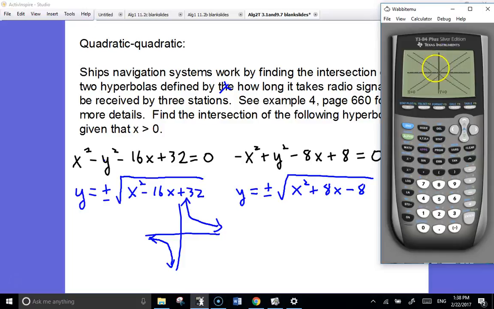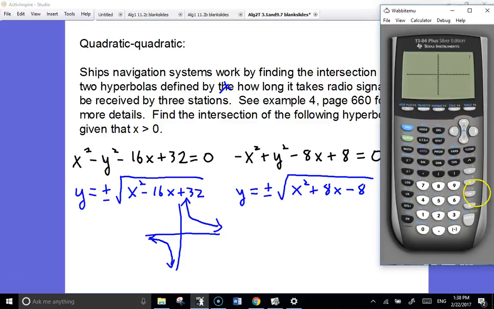We don't care about what's going on for x less than 0, so let's go back to zoom 6. So we needed to intersect the 2 positive curves right here and the 2 negative curves right there to find those 2 points. So we might have to do some fiddling with which is our first curve and which is our second curve.